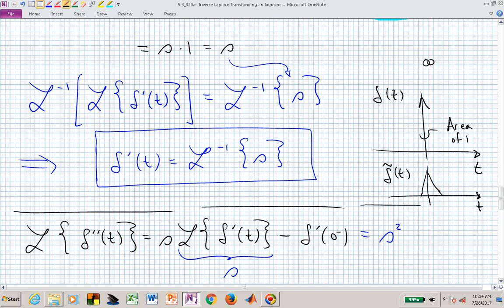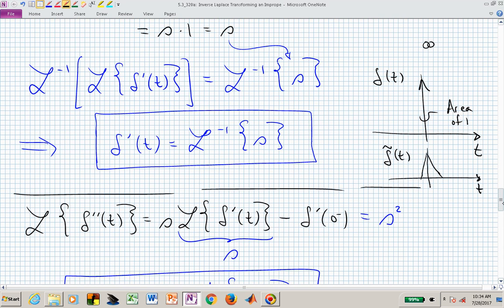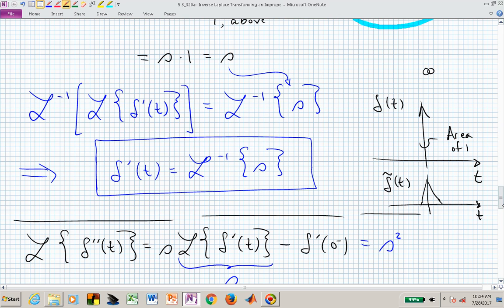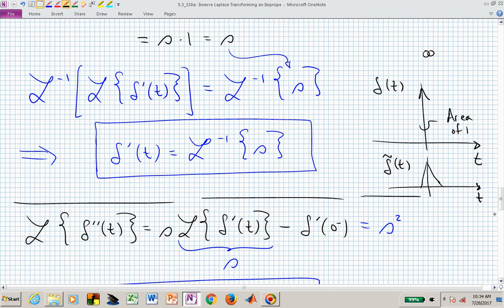That's maybe a way to get some insight into what in the world the derivative of an impulse is. Let's take that one step further. It seems to be working, so let's now take the Laplace transform of the second derivative of an impulse.